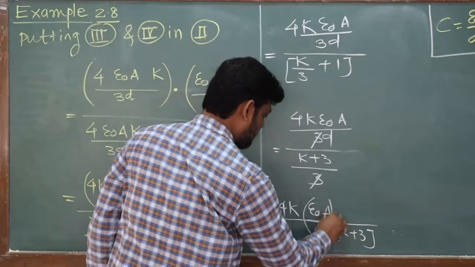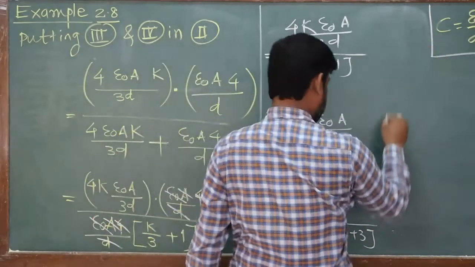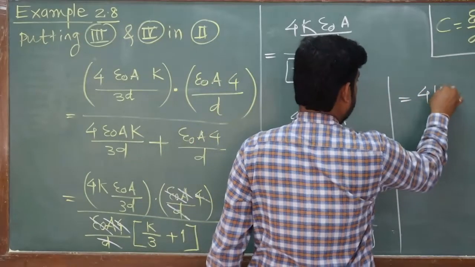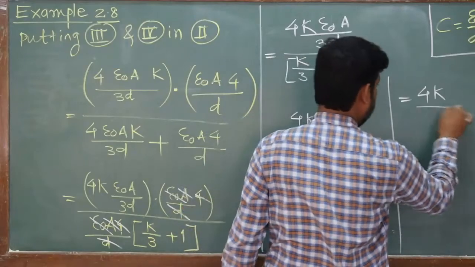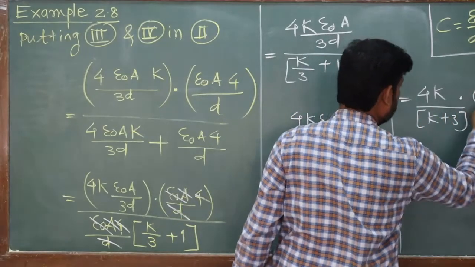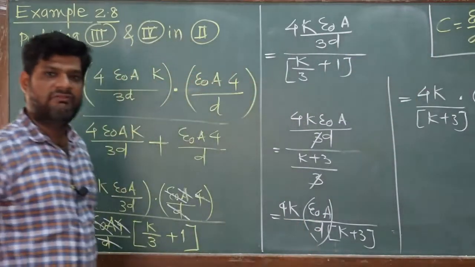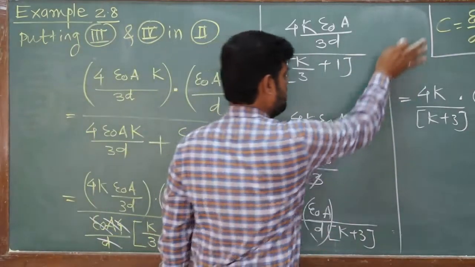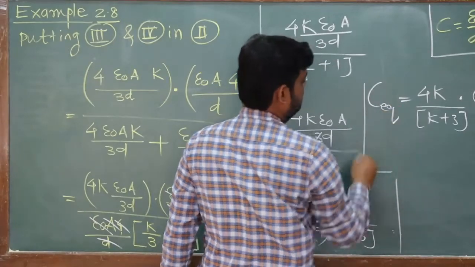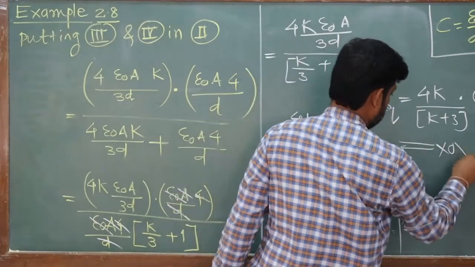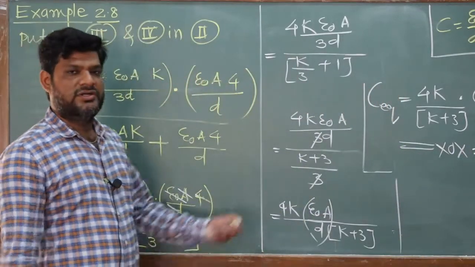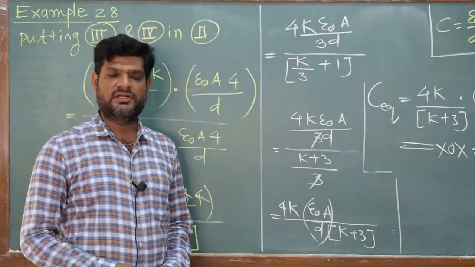So epsilon 0 A by D we can write, that is equal to C. So finally 4K divided by K plus 3 into C. This is your final equation. This is the C equivalent we can write. Here is the end of your numerical. One of the important numerical we have solved over here.